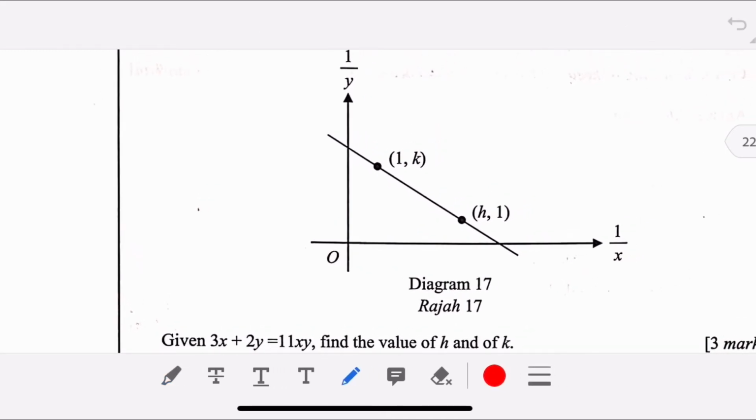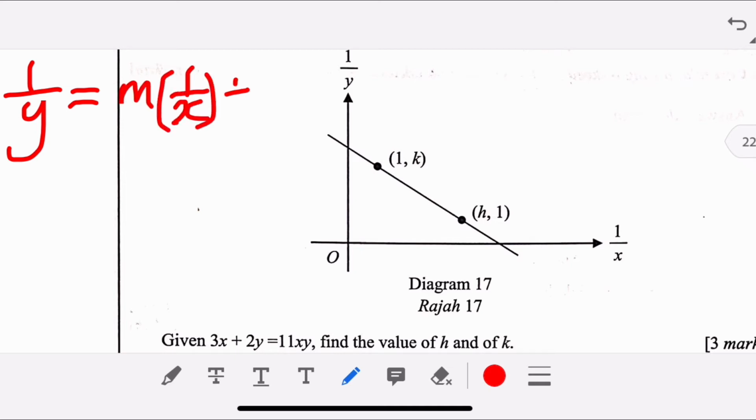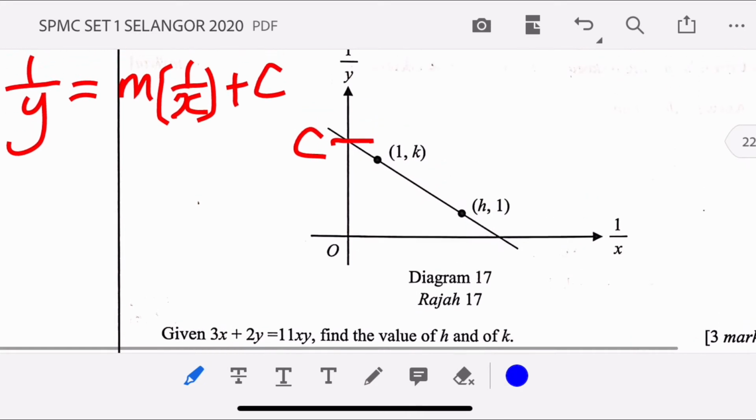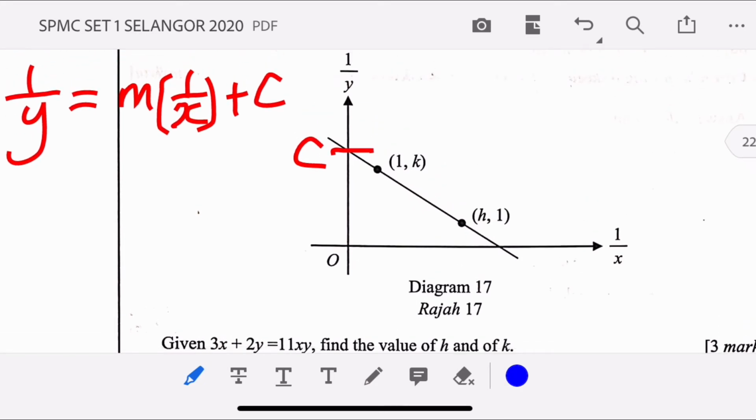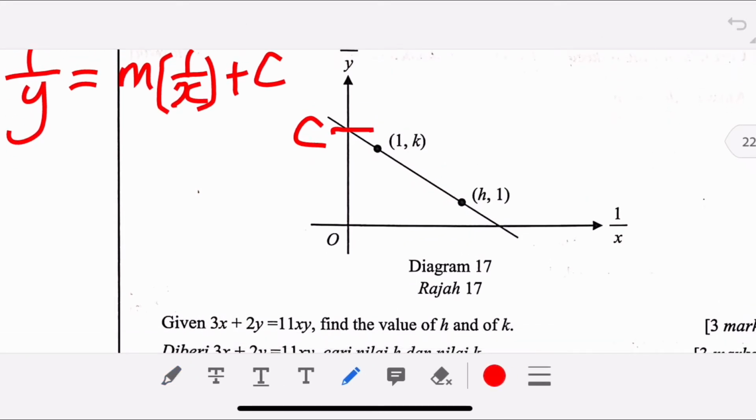So we have 1 over y equal to m, 1 over x, plus c. This is a c. But there is no information to get the gradient from the graph, so we will go to the equation.